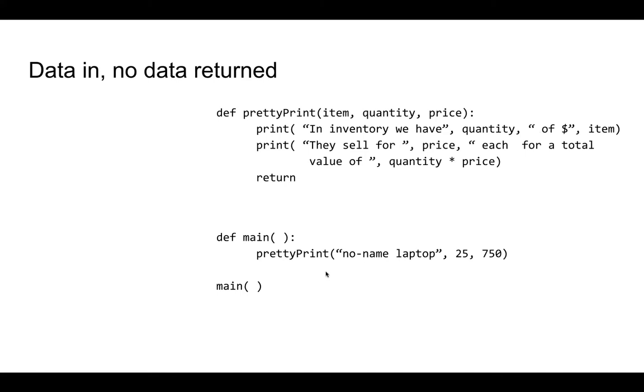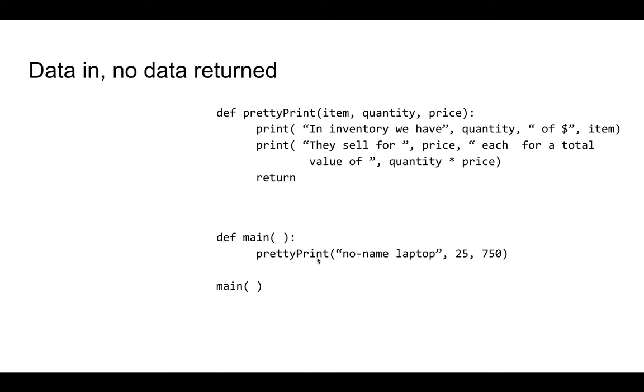The next kind of function is one that receives some information, but does not return any information when it finishes executing. This setup is common if we write functions that are used to generate nicely formatted output. For example, if we stick with our inventory example, we might have a function like this prettyPrint function.